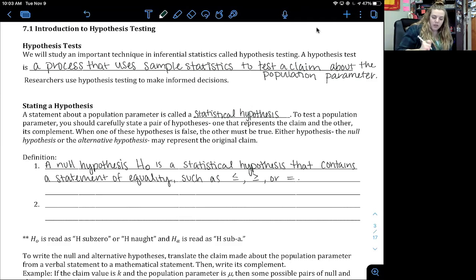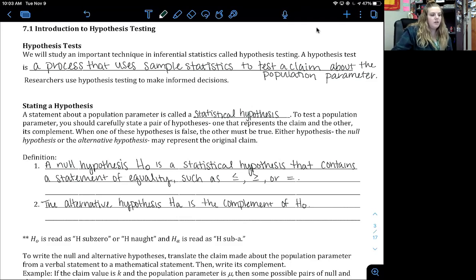Okay. And then our second hypothesis is called the alternative hypothesis. We're going to use capital H, lowercase a as the subscript, is the complement of the null hypothesis, H sub 0. Okay.